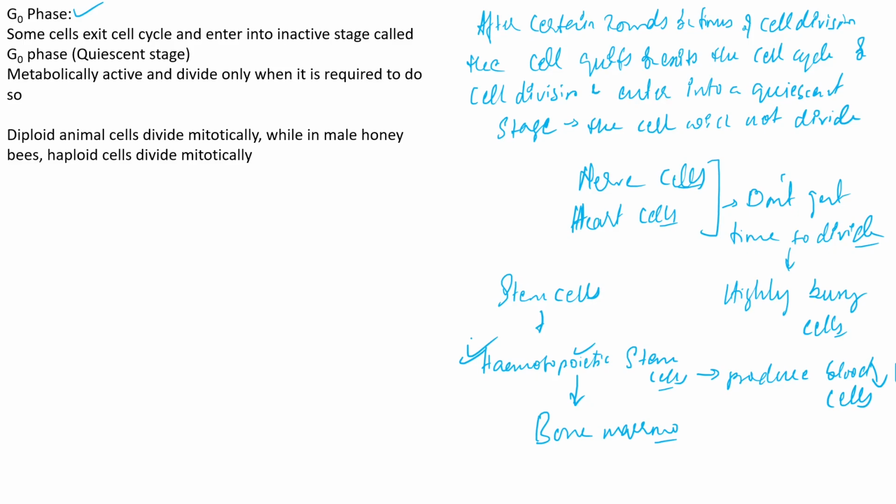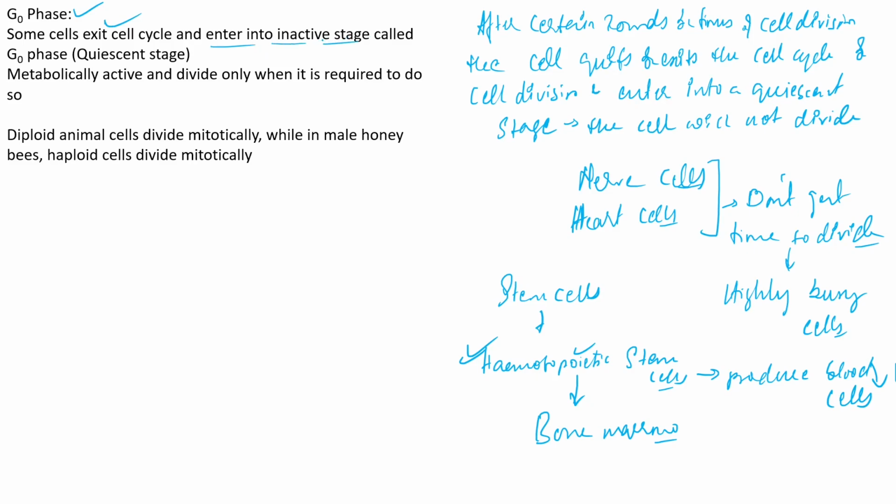Anyway, remember, stem cells remain in the quiescent stage, that is the G0 phase, for a temporary moment of time. But whenever there is a requirement, they can come back to the active cell dividing stage. So some cells exit the cell cycle and enter into an inactive stage.